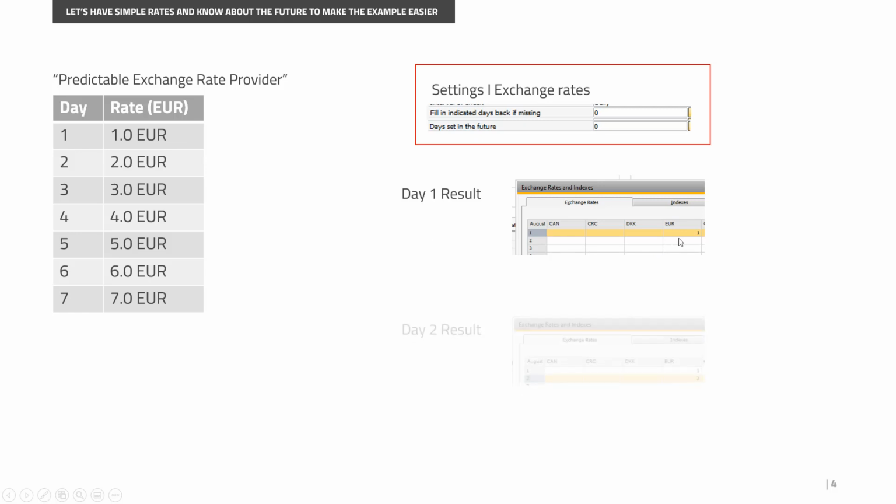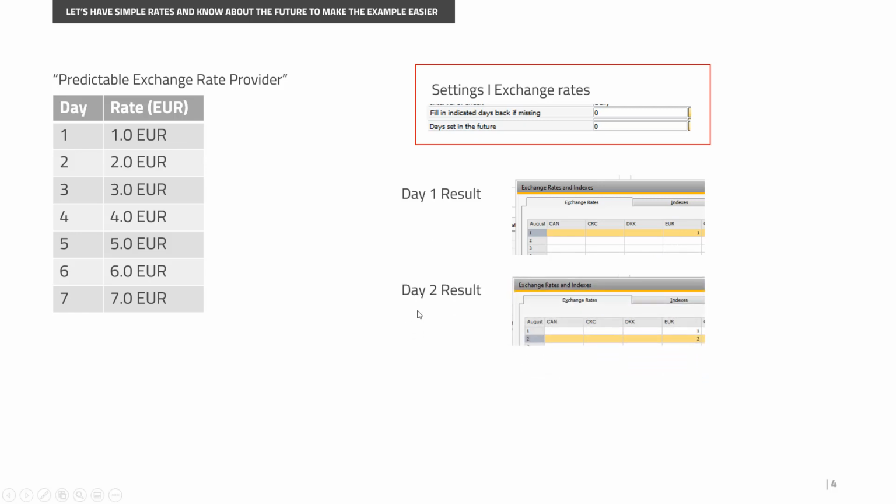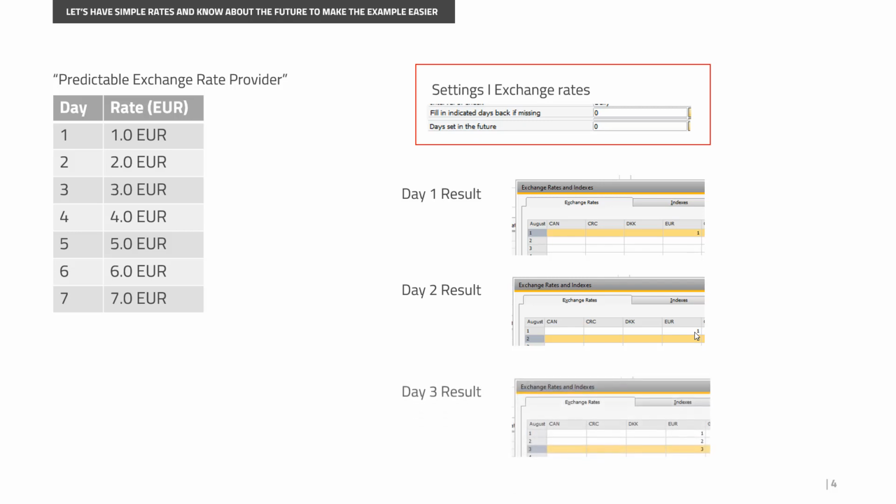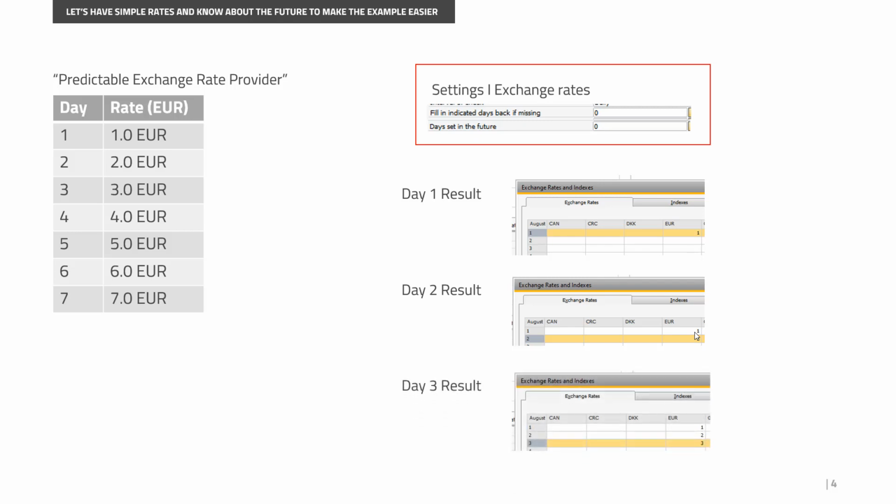If the rate on day 2 is 2, it will give 2 on that day and keep the 1 on day 1. And day 3. So far so good. If we had looked at day 4, it would be 4, 5, 6, and so on in this artificial rate provider.